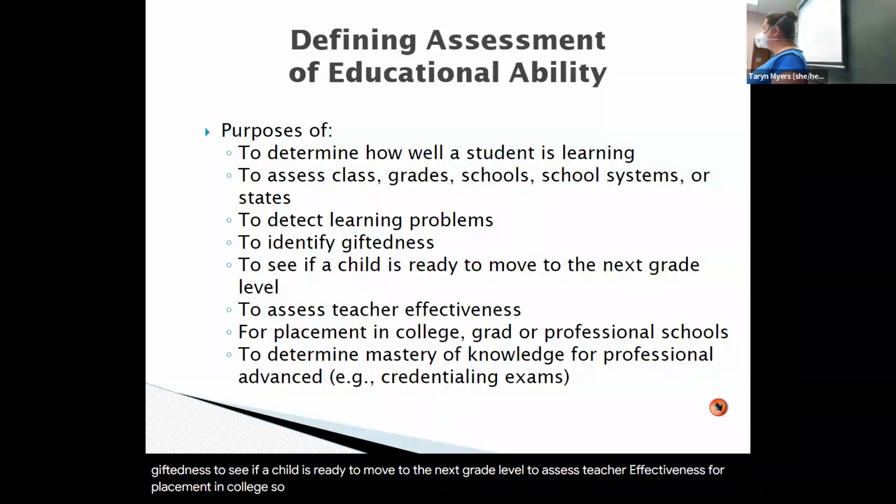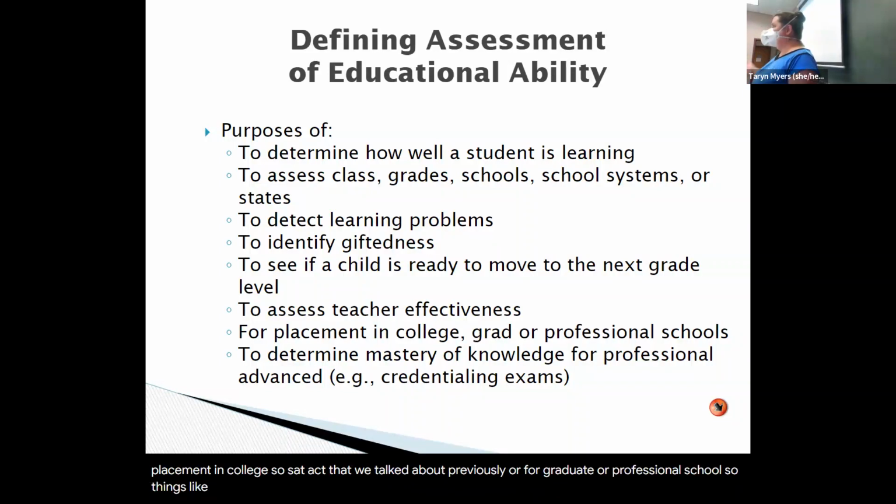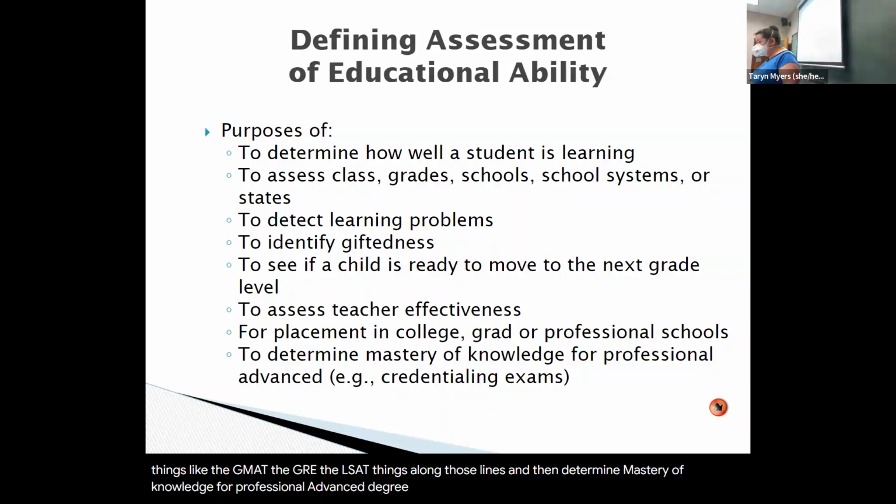So SAT, ACT that we talked about previously, or for graduate or professional school. So things like the GMAT, the GRE, the LSAT. And then to determine mastery of knowledge for professional advanced degrees or licensure.